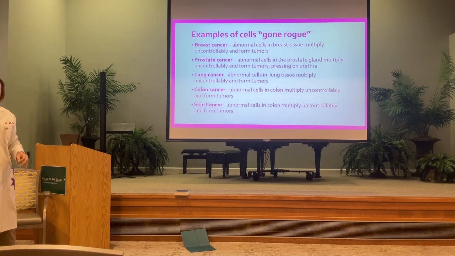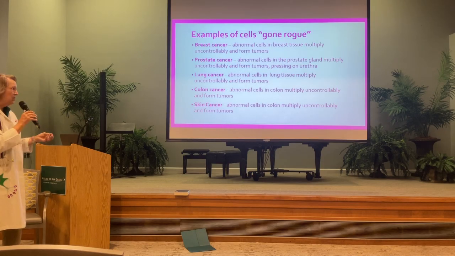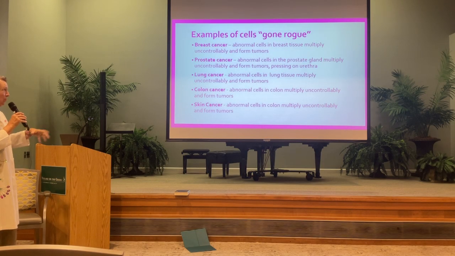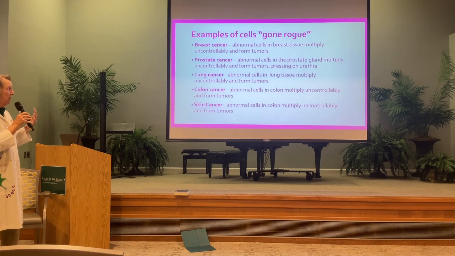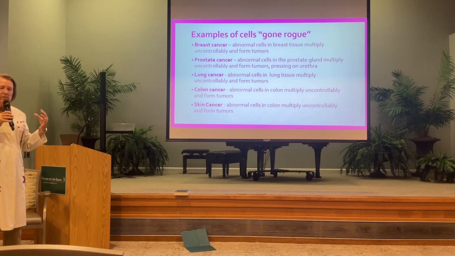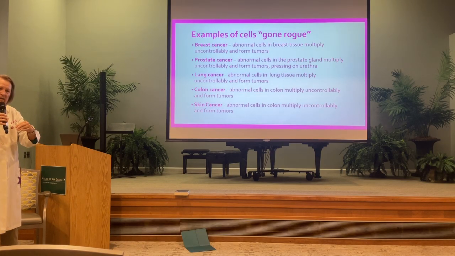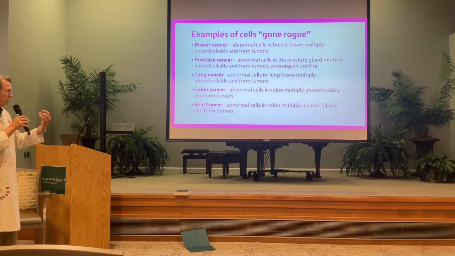Where are these abnormally dividing cells? In prostate cancer, they will form abnormal tumors in the prostate gland, and you may or may not know that the urethra passes right through the prostate gland, and so when it's full of cancer, it presses against the urethra and makes you have to go to the bathroom a lot faster.